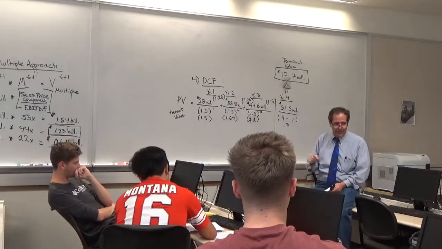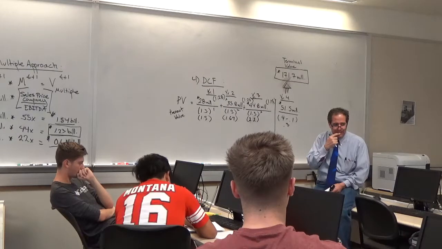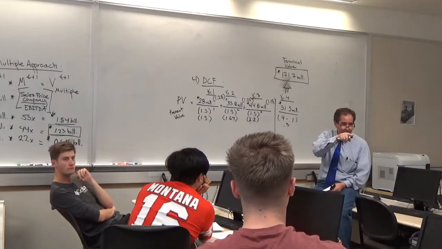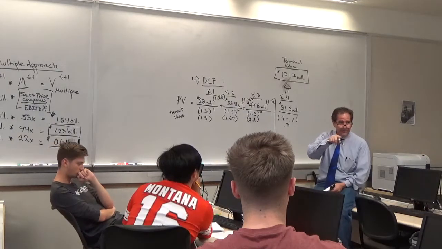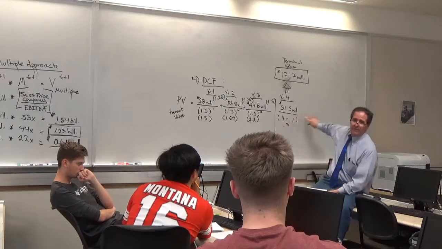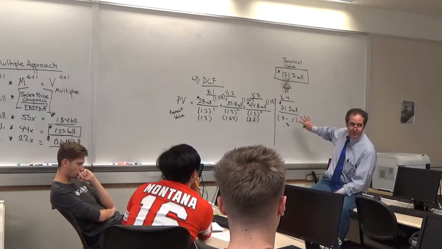Why am I tacking on another 10 percentage points? Because it's the future year? Yeah, it's the future, right? This terminal value captures all of the value in the future from year 4 on, okay?